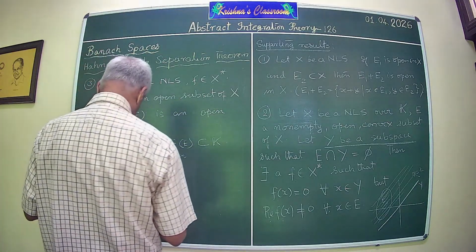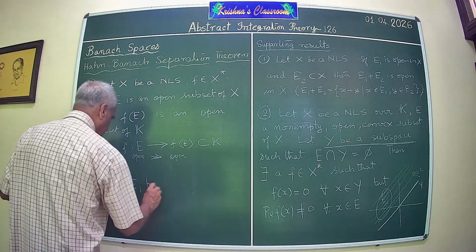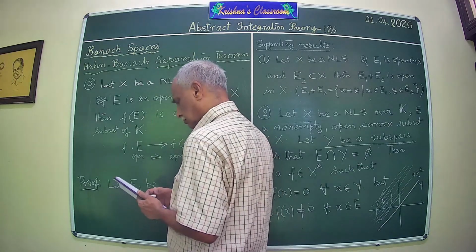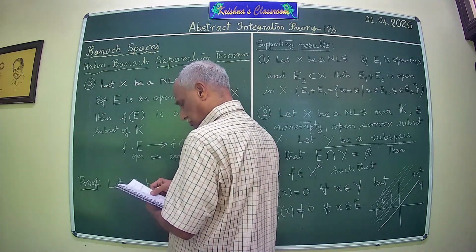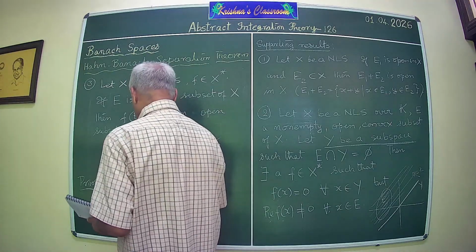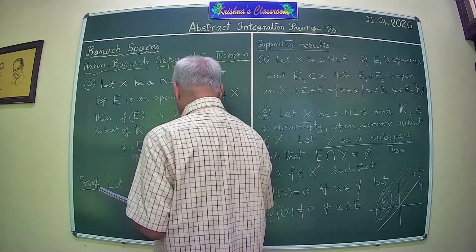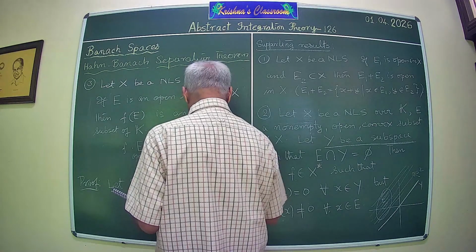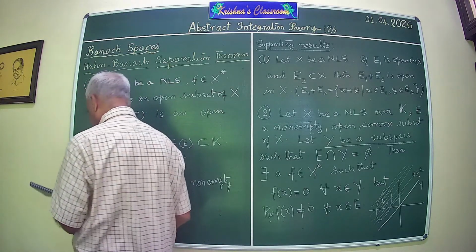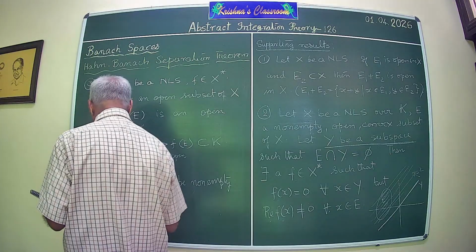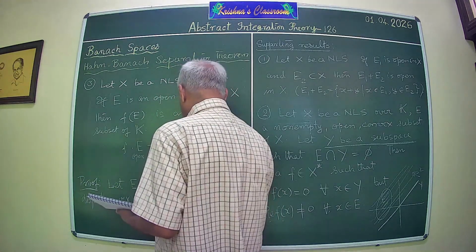Proof is very simple. Let E1 and E2 be non-empty disjoint convex sets, and E1 is open.